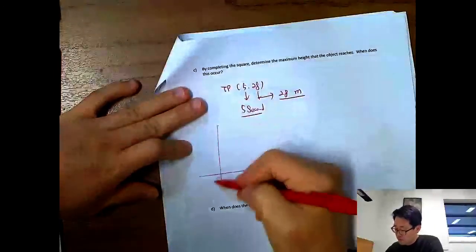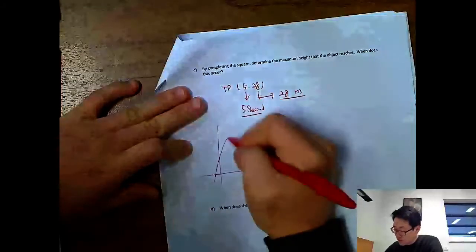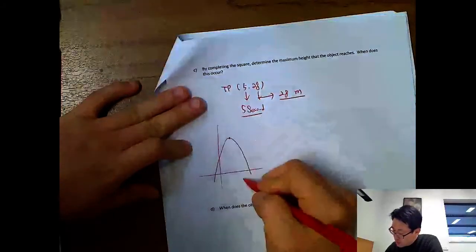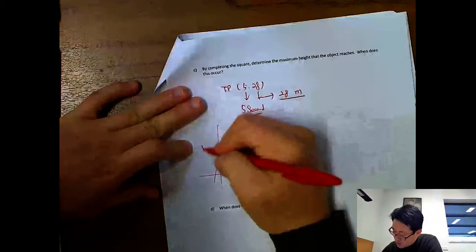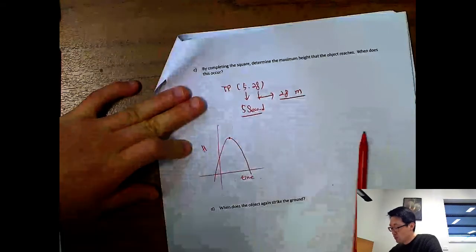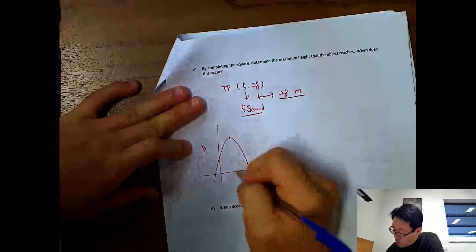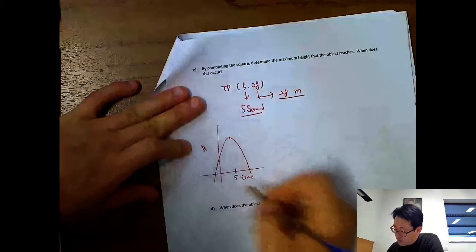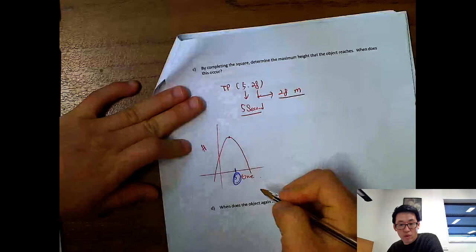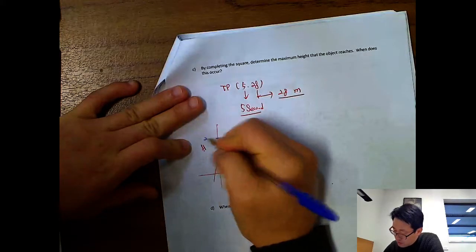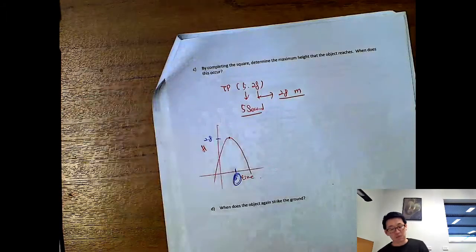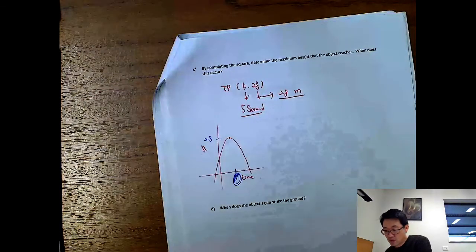So draw that again. Time and height. When we are at 5 seconds, we got maximum height 28 meter. That's what they're saying.